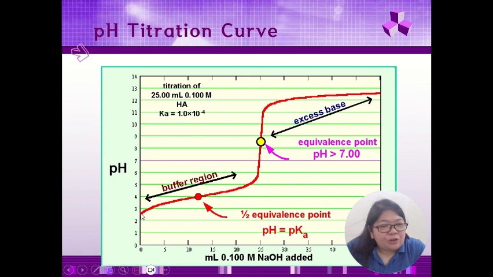Okay, so for a titration, the pH change shown by this graph, starting with acid in the conical flask, the pH is lower than 7. So slowly adding alkali to the acid solution, the pH will rise slowly.